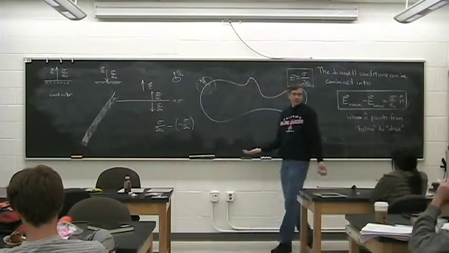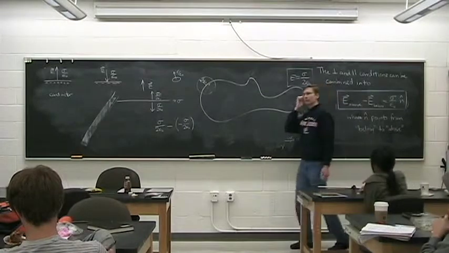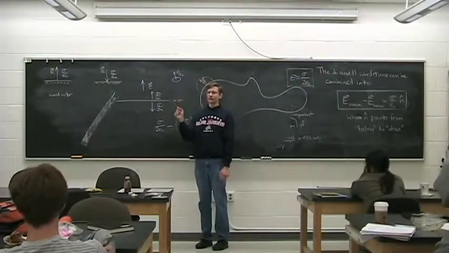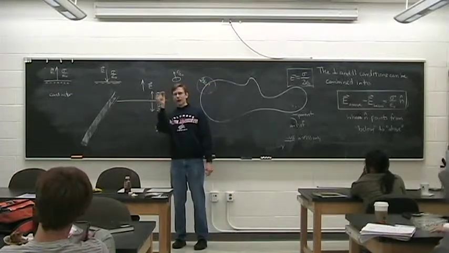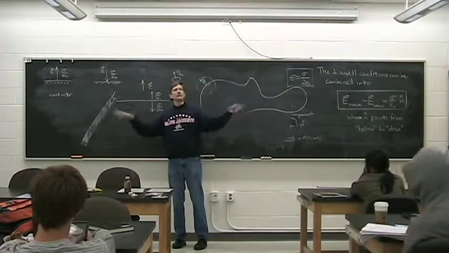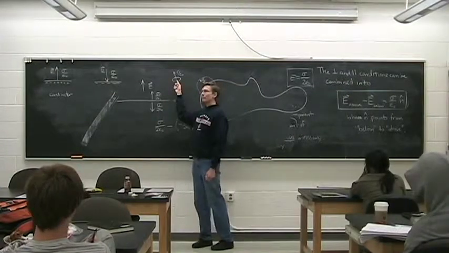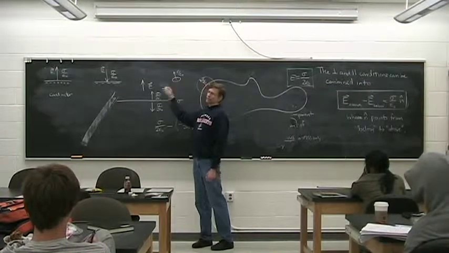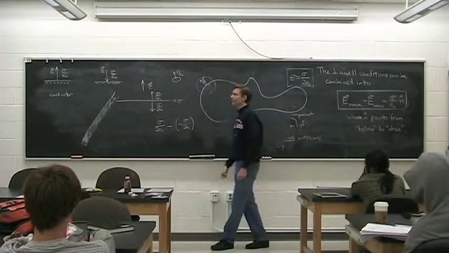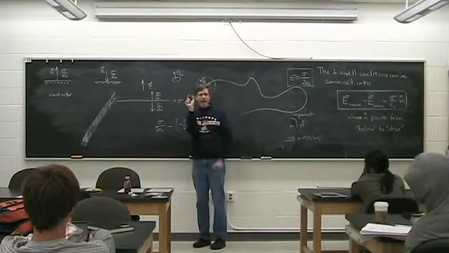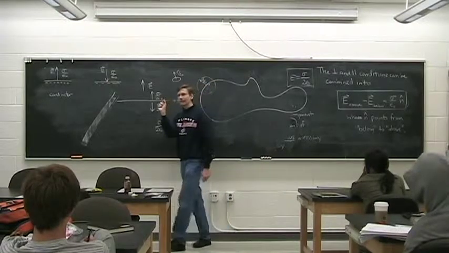That makes sense. The total electric field is always the electric field due to all the charges in the system, and I'm always allowed to break the charges into a little part of the system and everything else in the system. So the total electric field is the electric field due to the little patch plus the electric field due to everything else.